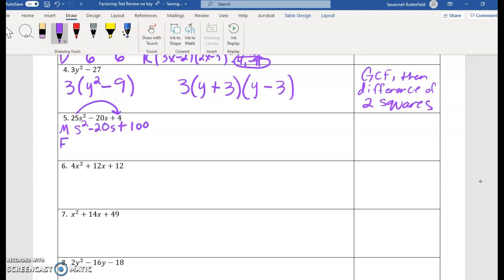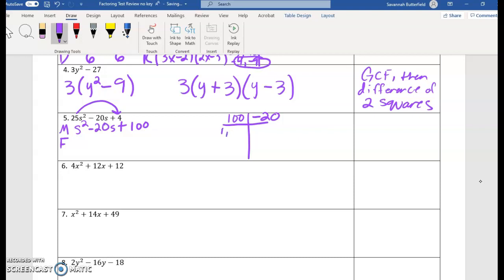Now we're going to factor, so I'll make my t-chart over here. We're factoring 100 for a sum of negative 20. Since we're looking for a sum that is negative but a product that is positive, all of my factors are going to be negative.